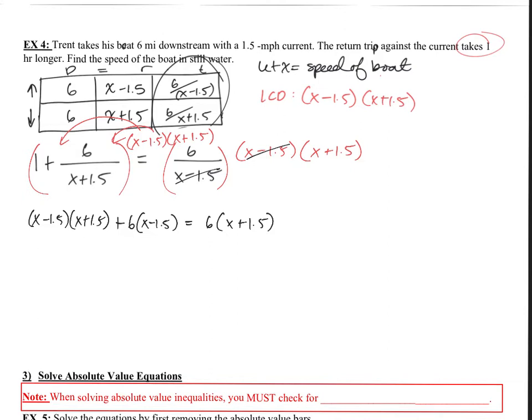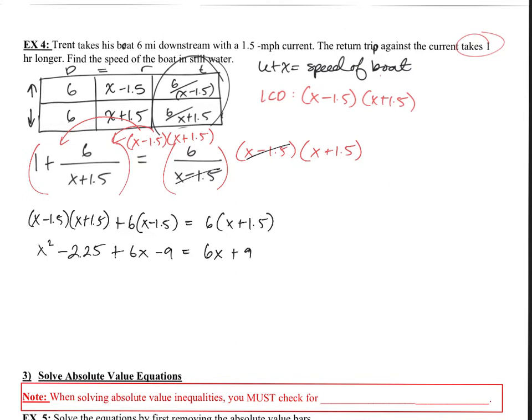So we have the 1.5 times 1.5. That'll be 2.25. So this is x squared minus 2.25 plus 6x. 6 times 1.5 is 9, equals 6x, and then 6 times 1.5, I already did that, is 9.